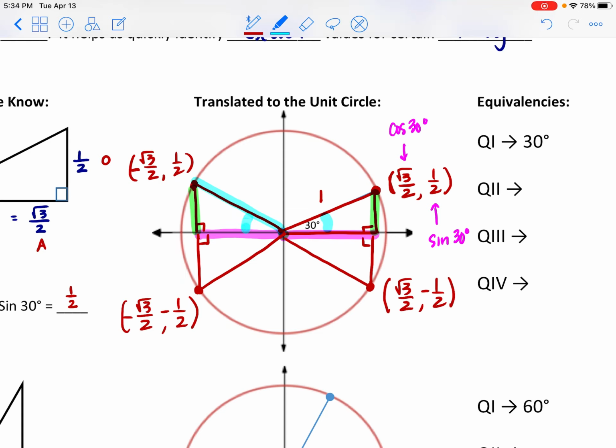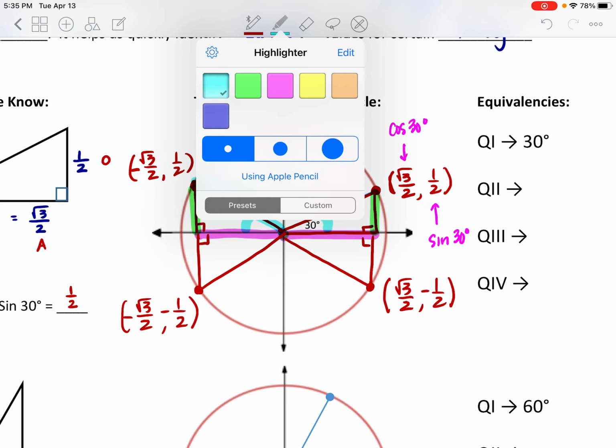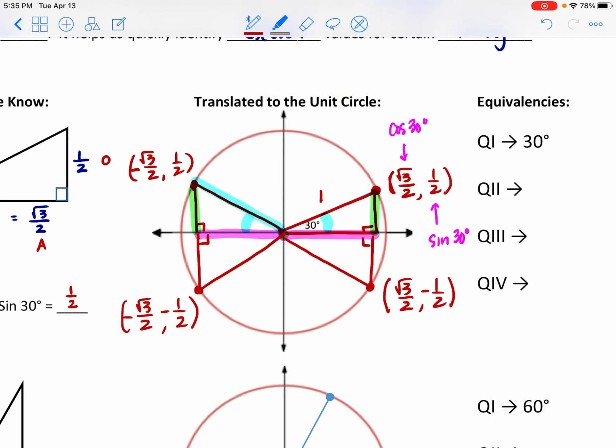Well, if I have 30 degrees here, then this angle from here all the way to here would have to be how much? Well, that would be the 180 degrees minus the 30 that's left in that triangle. So in quadrant 2, that angle, instead of being a 30-degree angle, is a 150-degree angle.